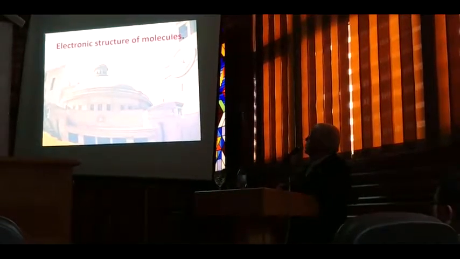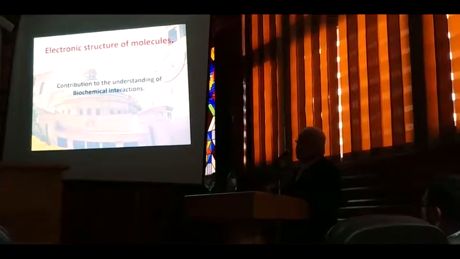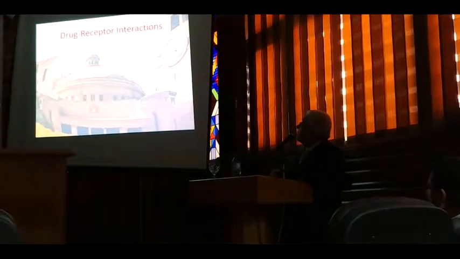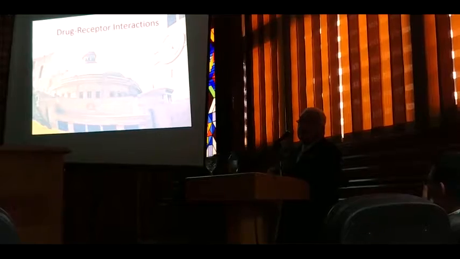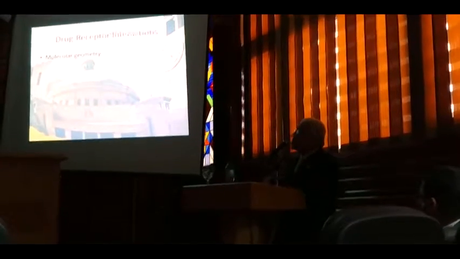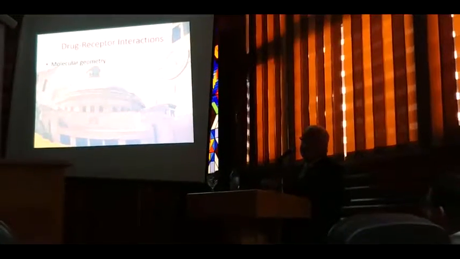Now, electronic structure, we will look at this drug receptor interaction, and this is a field which is very important in drug design. And there is something called bioactive conformation. The action of a drug depends to a great extent on this, what they call bioactive conformation.